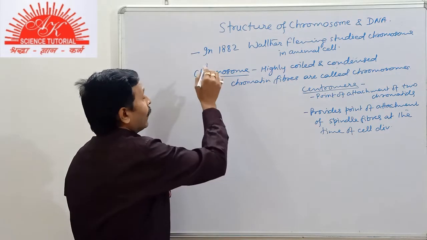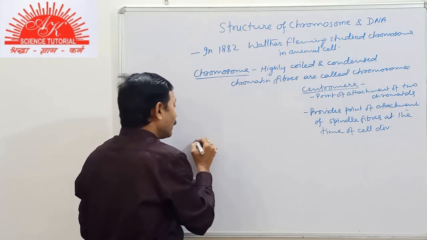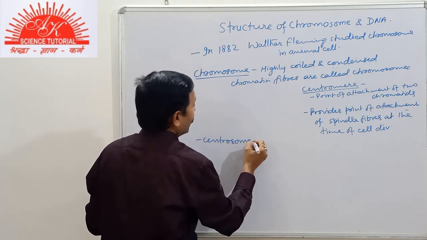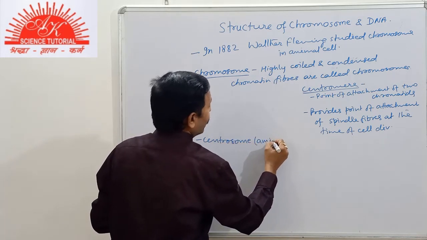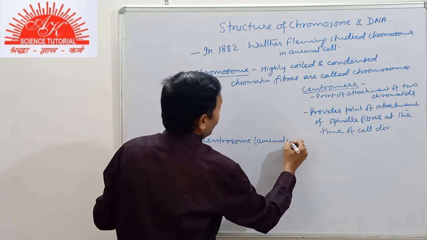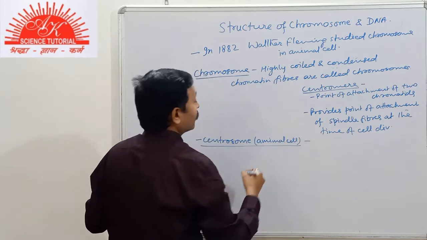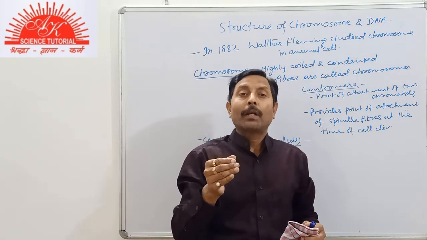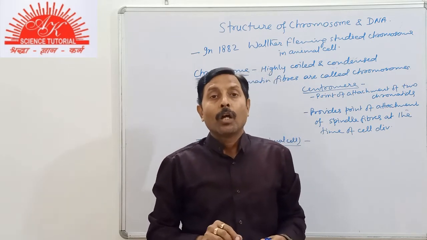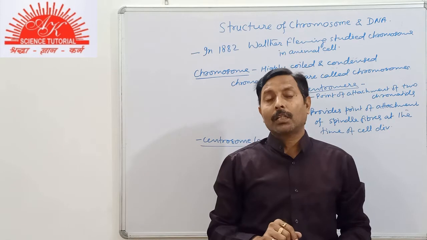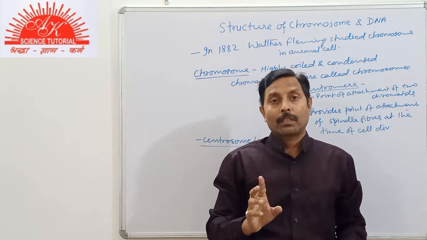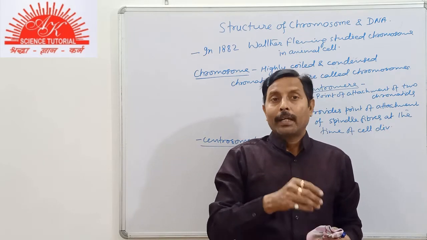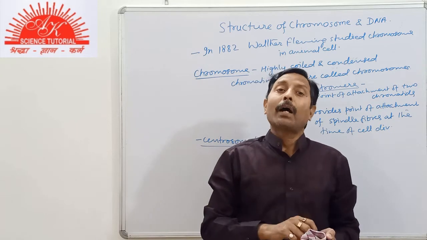Now, in the cell, there was another structure called centrosome. In case of animal cell, it is not present in plant cell. Centrosome is the clear space in the cytoplasm near the nucleus, which contains two bundle-like structures called centrioles. And the centrioles give rise to astral rays and spindle fibers.